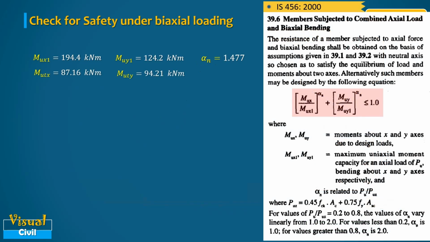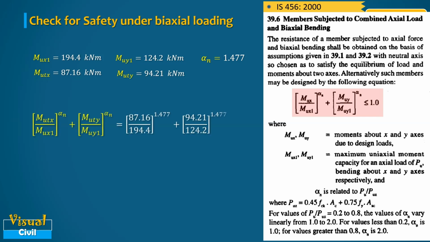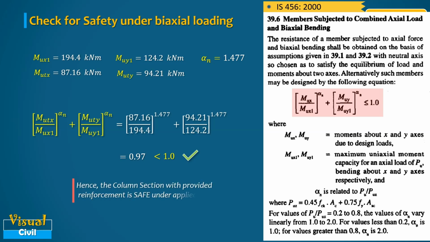After getting all the required values to check the column for safety under biaxial loading, substitute in the expression given in clause 39.6. After solving, we get the value equal to 0.97. This is less than 1. Hence, the column section with the provided reinforcement is safe under applied loading.